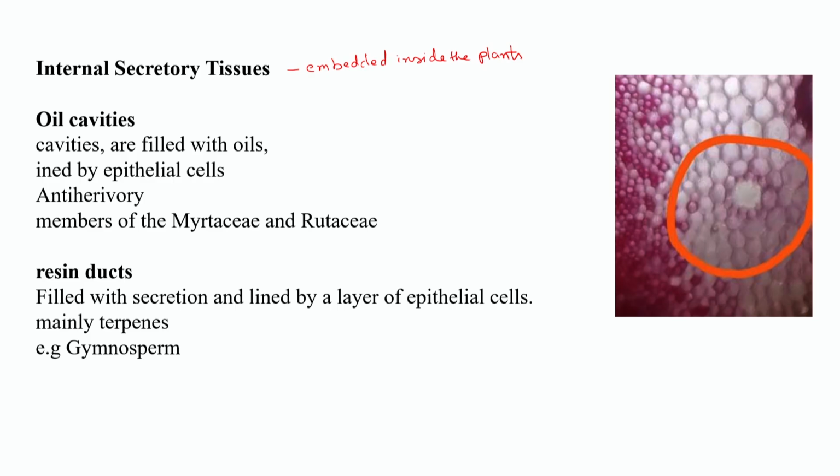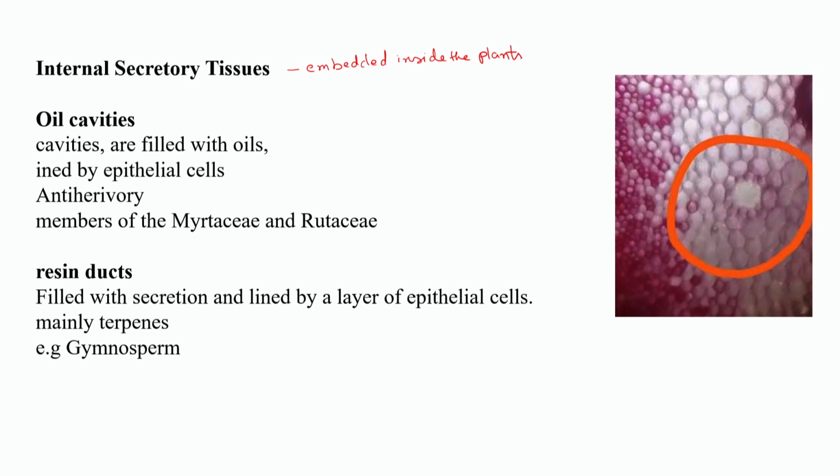You have to cut sections and then observe them. Here you can see a picture where some sort of duct is present, maybe a resin duct or some oil cavities, but this is a microscopic image showing some sort of duct.